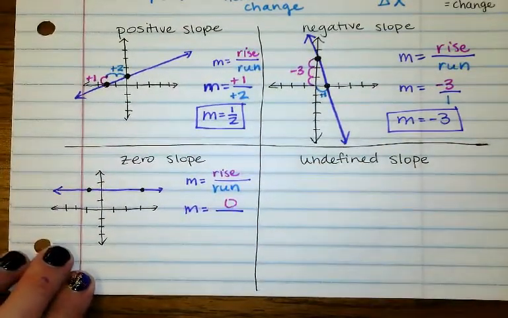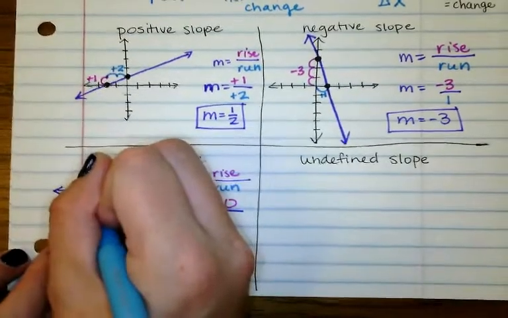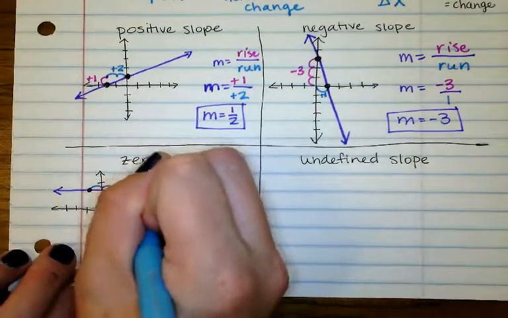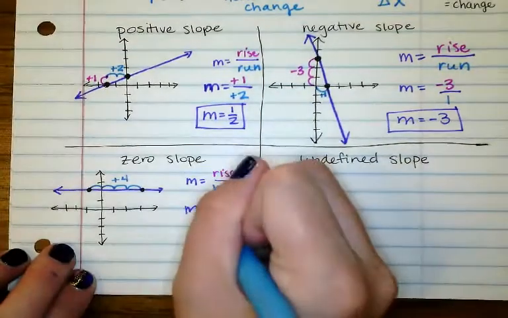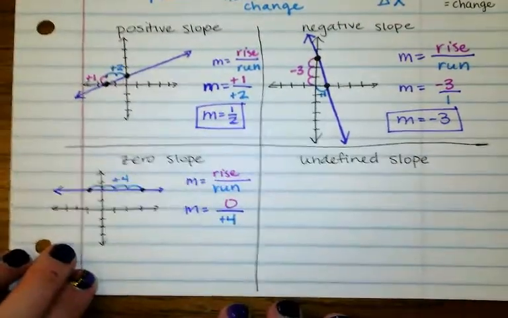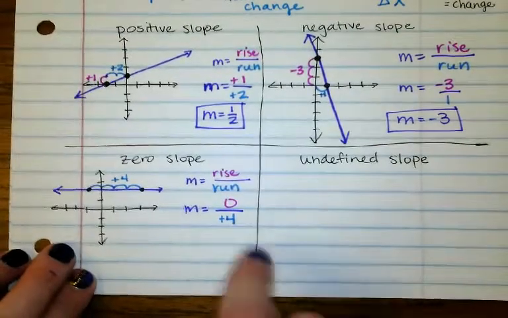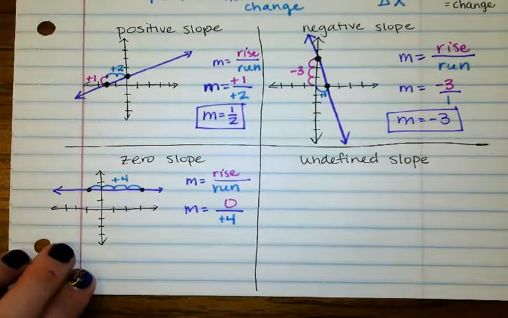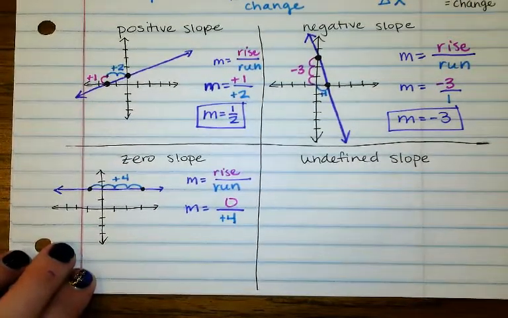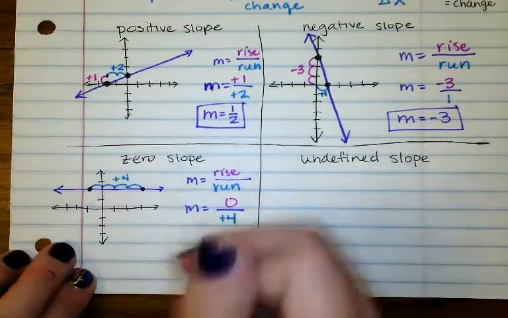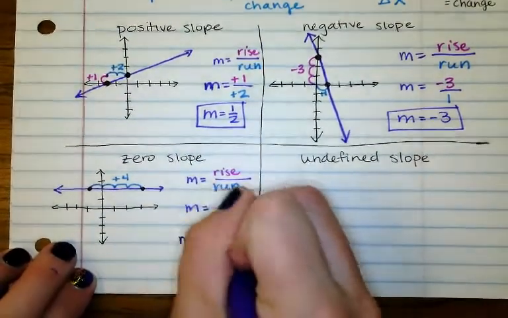Now, we're just going to count this. 1, 2, 3, 4. My run is +4, which is fine. But 0 over 4 is going to give you what? What will that give me for my slope? 0.